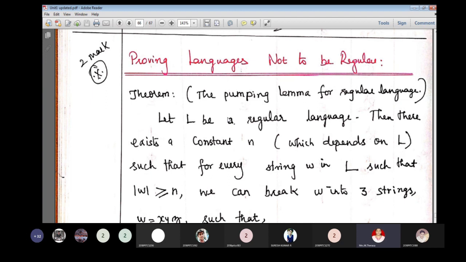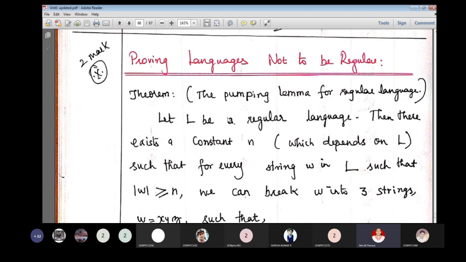Okay, then by using proof by contradiction method, you can take any string of length greater than or equal to n. So you have to consider n as a given constant in that problem. Okay, and you have to take a string whose length should be greater than or equal to that n. Okay, then you have to divide the string into 3 pieces, x, y, z.